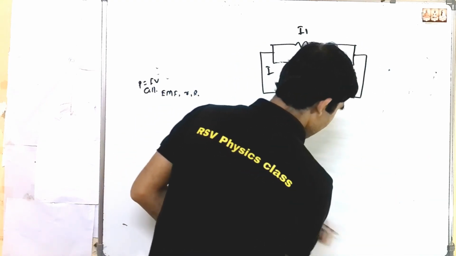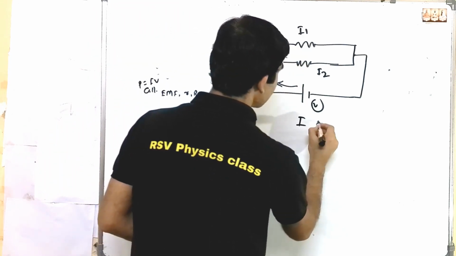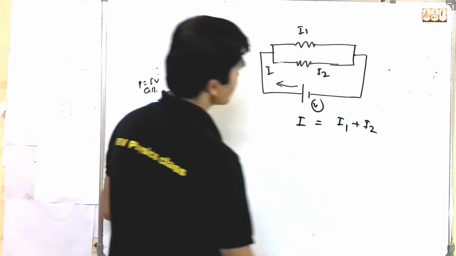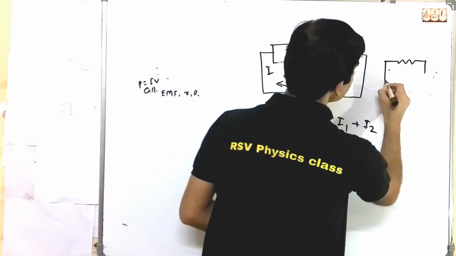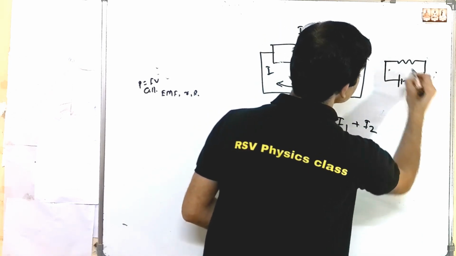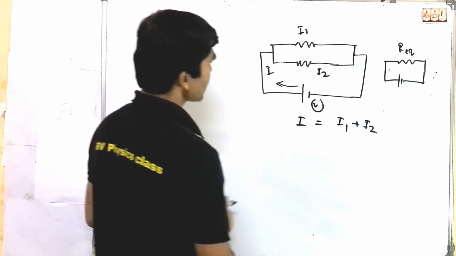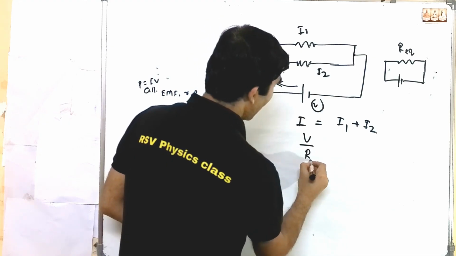So the current I equals I1 plus I2. For the equivalent resistance of the circuit, with voltage V and R equivalent, the current I equals total voltage over R equivalent.